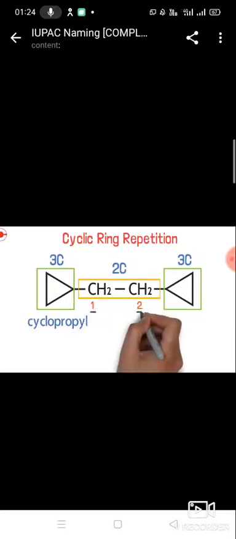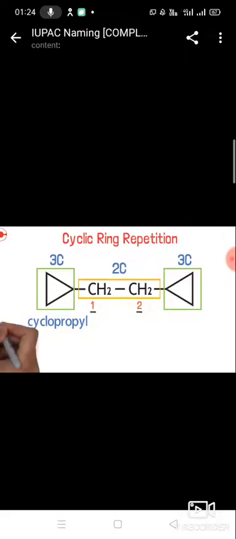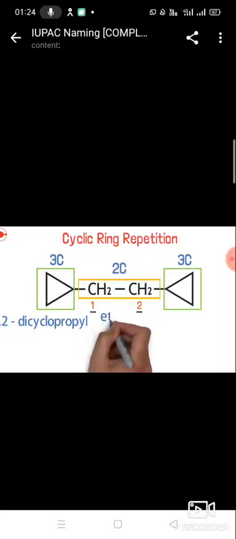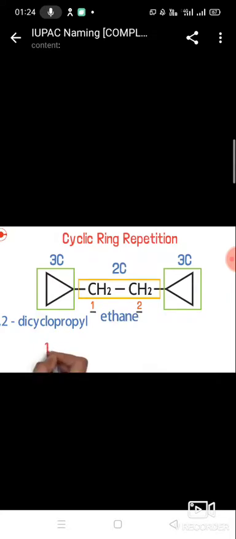So one alone is in a straight line form, that is CH2, CH2. Cyclopropyl. Why do we say this is cyclopropyl? Only 2 carbon atoms are attached. So ethane is present. 1, 2-dicarbofluorohexane.